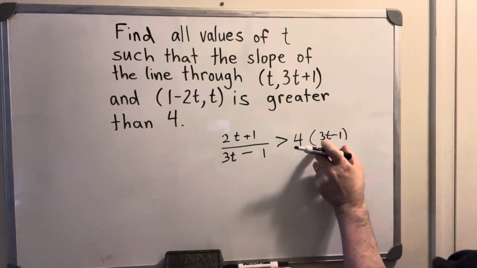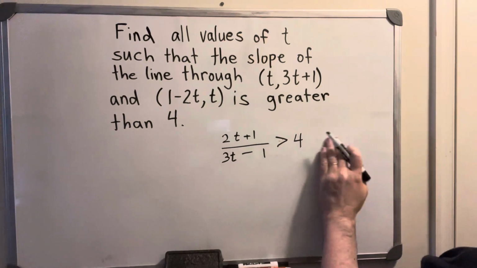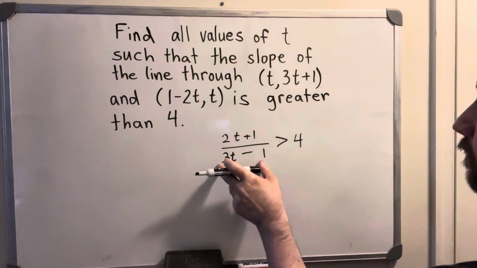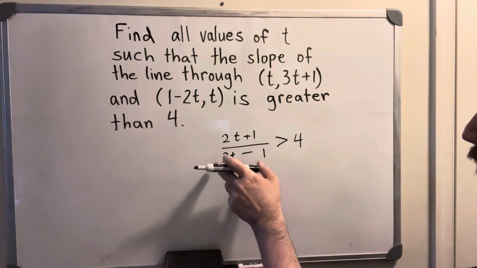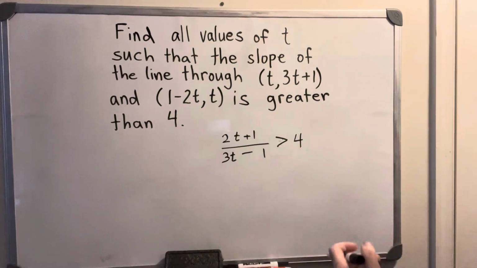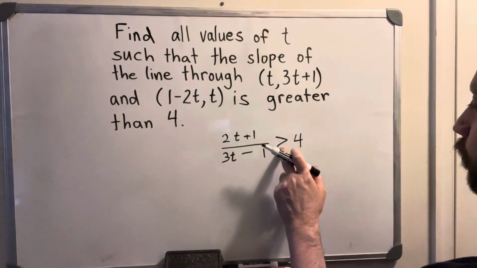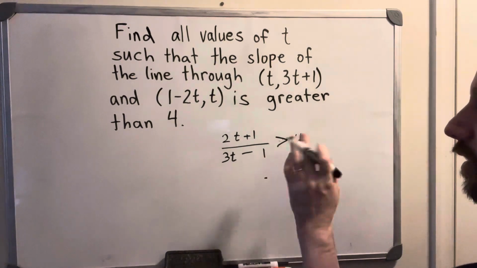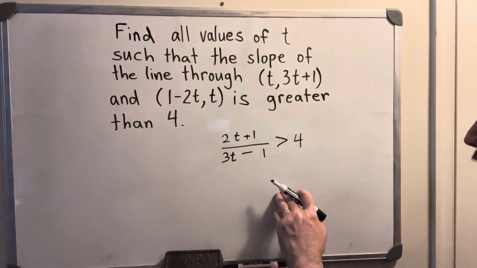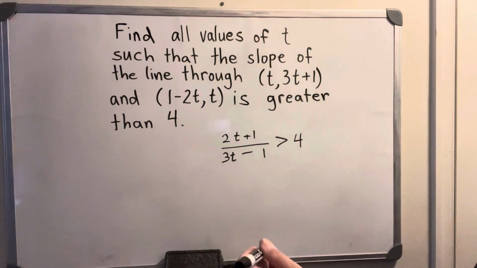If this is a positive number, it's fine, right? But what if you chose a value of t such that 3t minus 1 was a negative value? What happens when you multiply both sides of an inequality by a negative value? What happens to this inequality symbol? It flips. So that's why you have to be careful. Another strategy is what? Do you know?